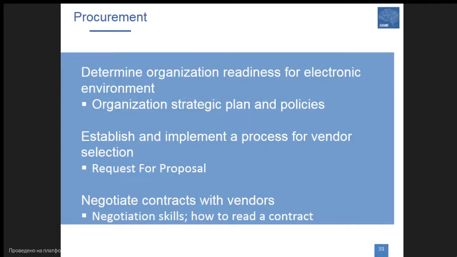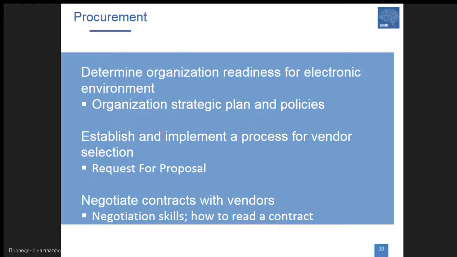For the procurement, you need to assess the organization's readiness for the digital environment, and have an organization strategic plan and policy. PACS cannot be changed only for the radiology department. It should be connected with all clinical departments, and for this you need to understand the organization strategy.